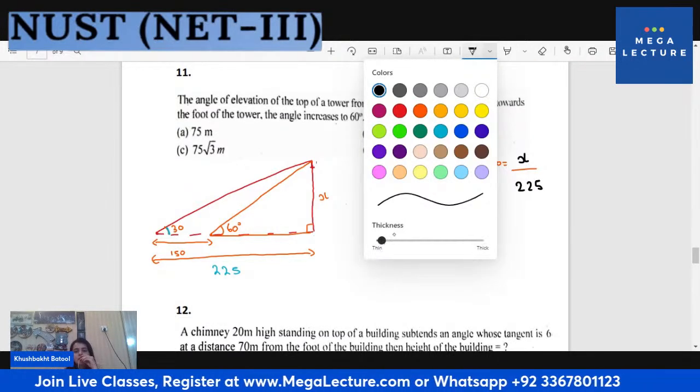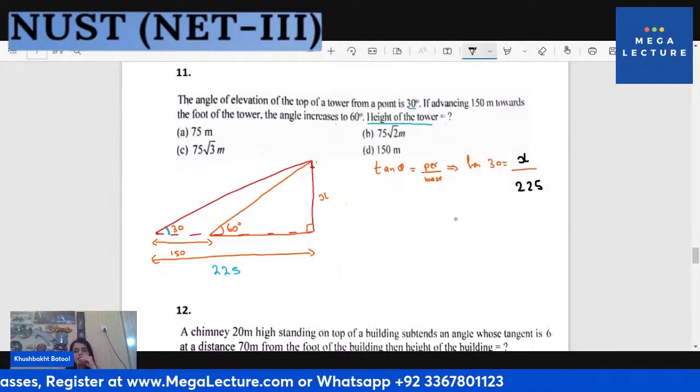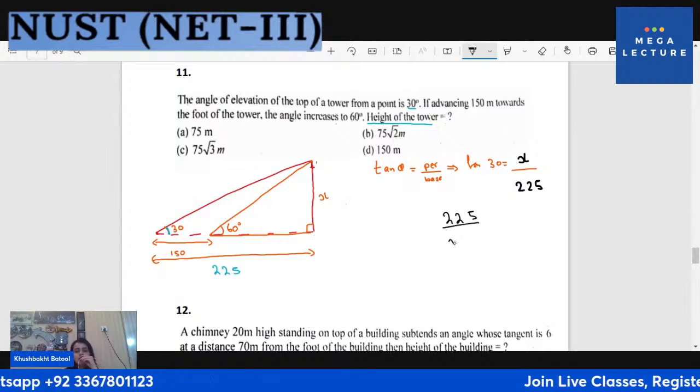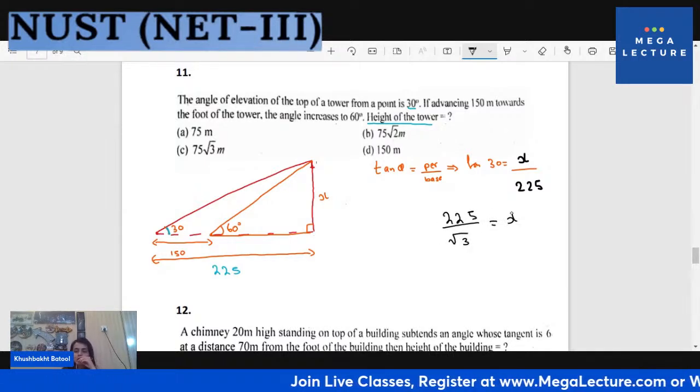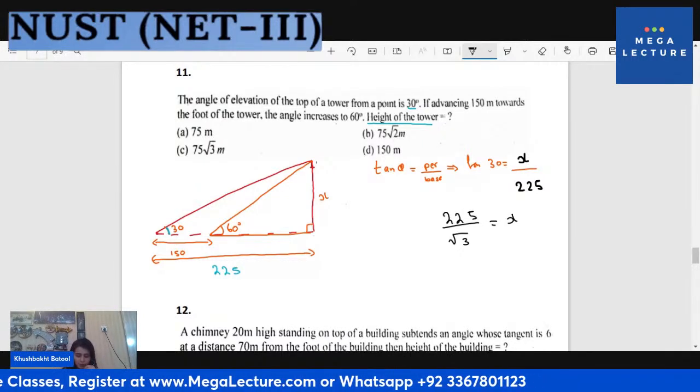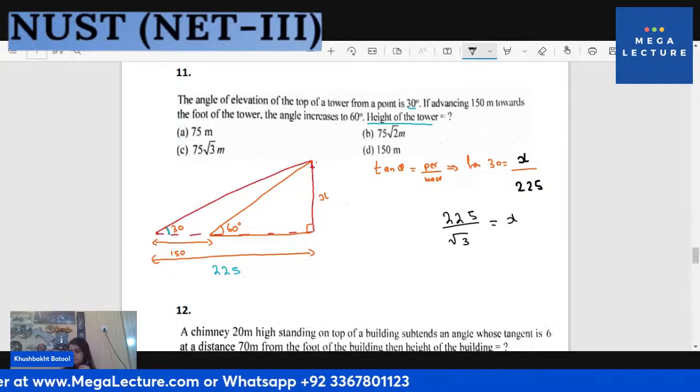And now tan 30 is 1 by root 3, so it would be 225 divided by root 3 equals x. Now this x is basically going to give you your height.